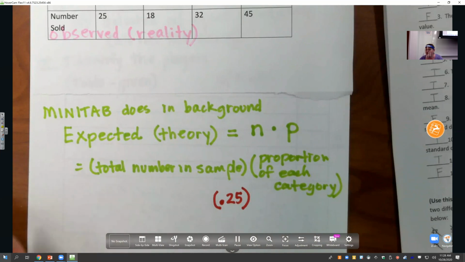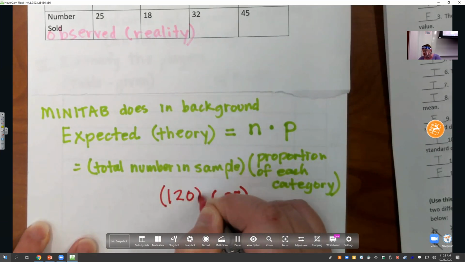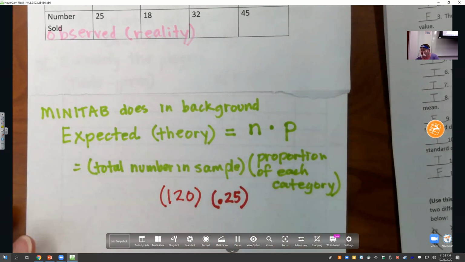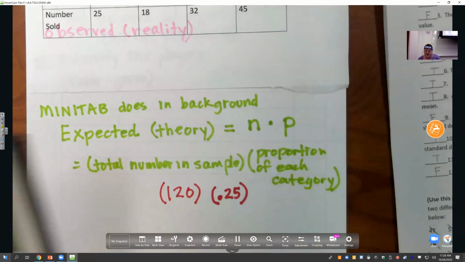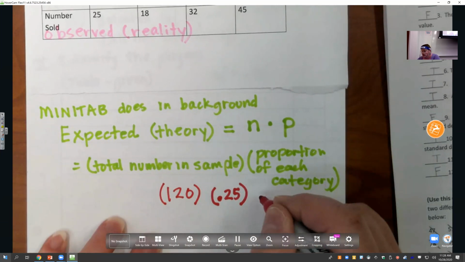I need to figure out how many boxes of popcorn they sold total. So we had 25 plus 18 plus 32 plus 45. That's 120. On that particular day, they sold 120 boxes of popcorn. So 120 times 25%.